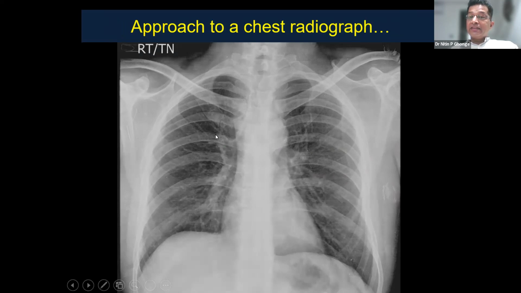Normally in a standing erect radiograph, this is the pulmonary artery, lower lobe on right side, left side. So vascular markings should be more prominent in the lower zones on both sides and less prominent in the upper zones because of the gravitational effect in the dependent part.